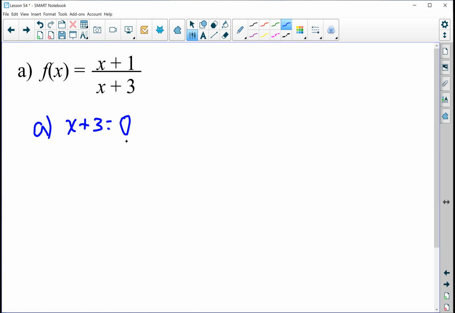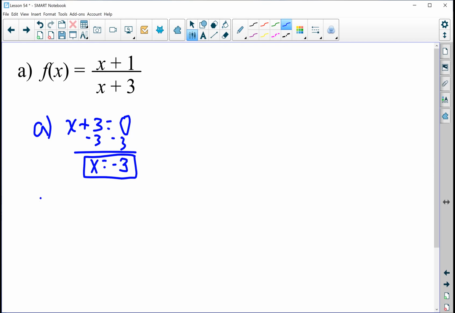And that would be? What value for x would I plug in to get 0? -3 would make my denominator 0. So I'm going to have a vertical asymptote, a vertical line right there. And I actually draw those in, and when we get to the graph, I'll show you. But I draw those in as kind of a dashed vertical line.